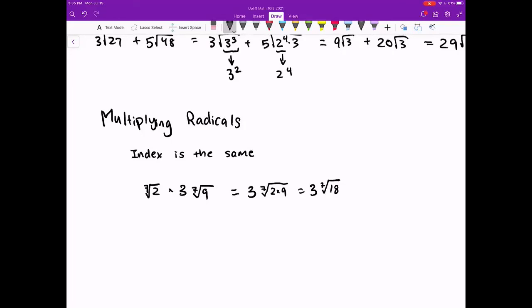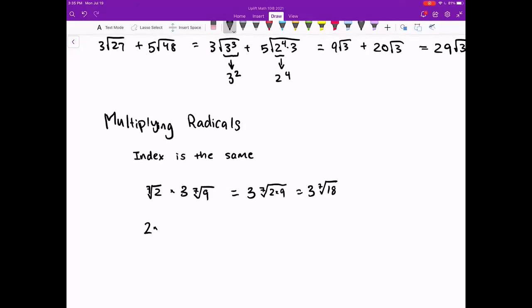So we can do another example where we have 2 times the 7th root of 7 times 2 times the 7th root of 12. We multiply the coefficients again, which is 2 times 2, which is 4.